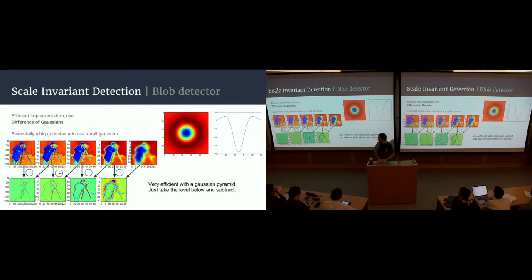You take a regular Gaussian with a bigger sigma and subtract a Gaussian with a smaller sigma, and you get something that looks very similar to the Laplacian of Gaussian. It's basically a blob detector, a corner detector, like we saw. If we have a feature that goes up and down like that, if you have the right sigma, it will pick up on it with a very high response.